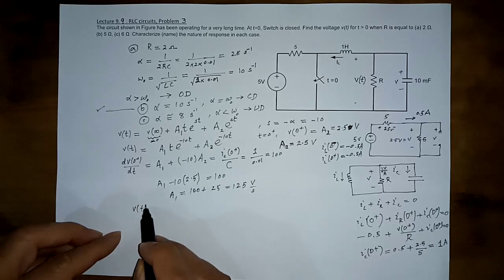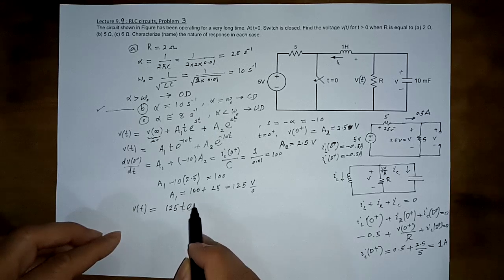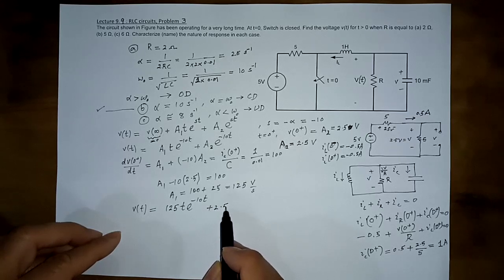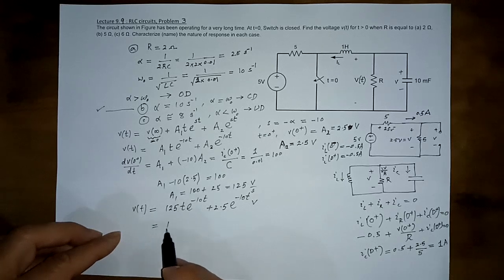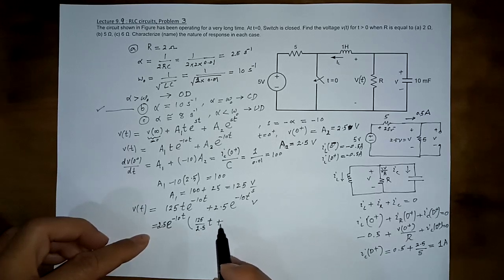Therefore V(t) would be equal to 125 t e raised to the power minus 10 t plus 2.5 e raised to the power minus 10 t volts. There are several ways of writing it, but let us just take 2.5 out as well. We can write this as 2.5 times, 125 over 2.5 solved, t plus 1.